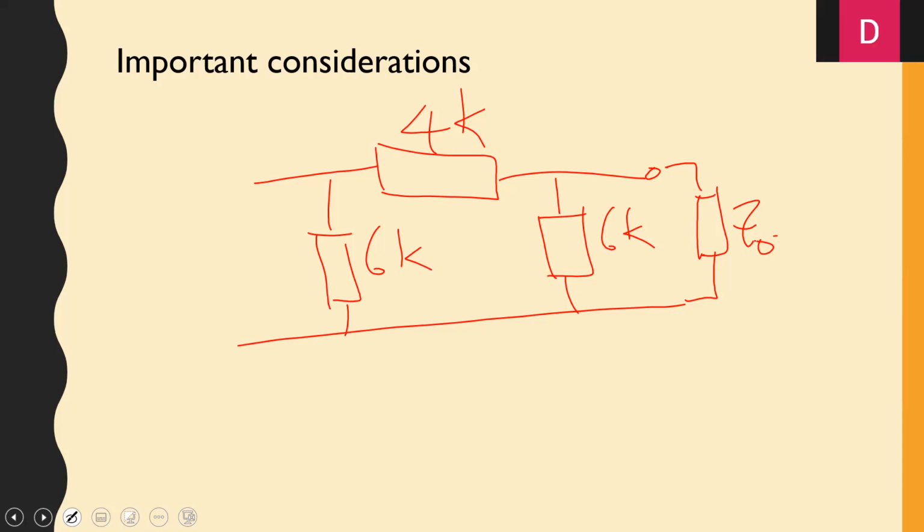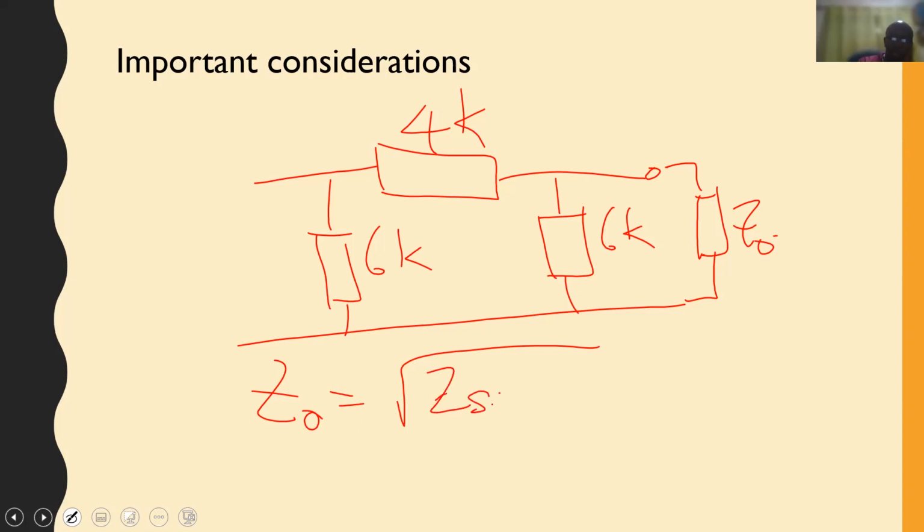The characteristic impedance is equal to the square root of the 4K, it would be the Z 4K, times 6K squared over... All right. Generally, Z short circuit times Z open circuit.